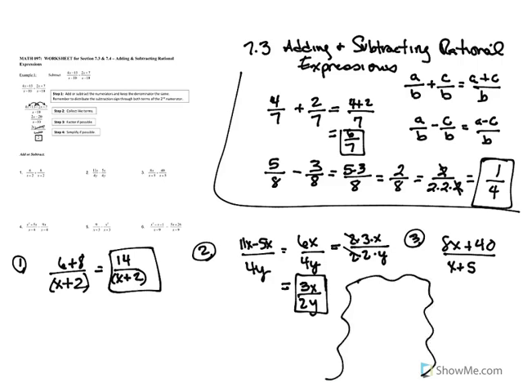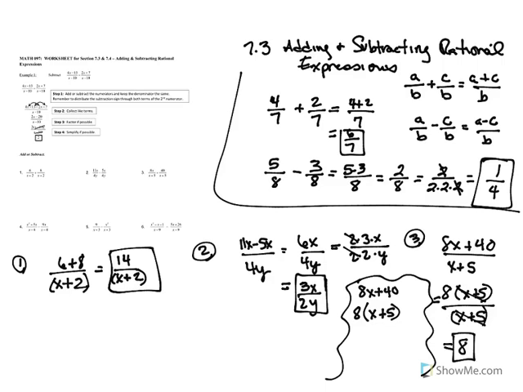Remember, separate your page. So 8x plus 40, GCF of 8, x plus 5. So 8 times (x plus 5) over (x plus 5). The x plus 5 cancels with x plus 5. The answer is 8, and that's it.